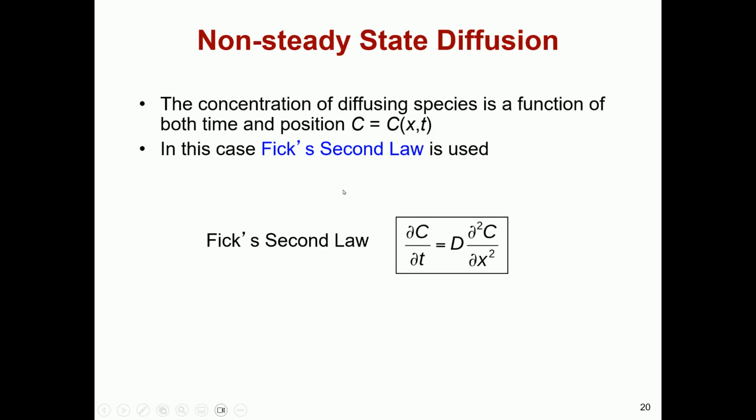Now let's discuss non-steady state diffusion, where concentration varies with both position and time. For these cases we use Fick's second law equation. This equation is derived from mass conservation. It states that the rate of concentration change is equal to the diffusion coefficient times the second partial derivative of concentration.